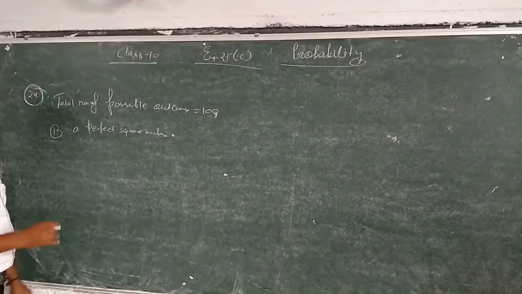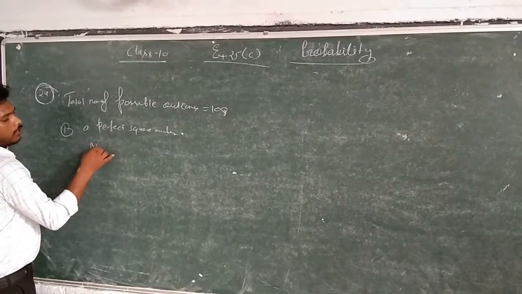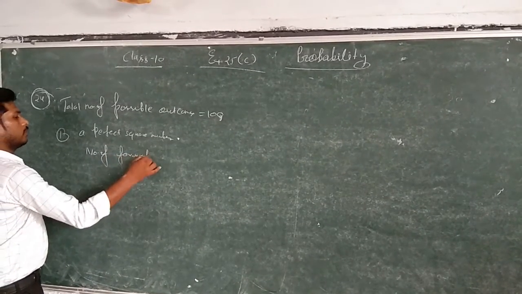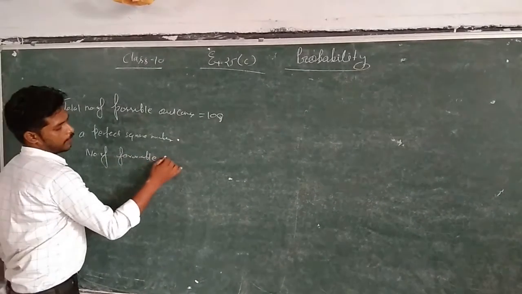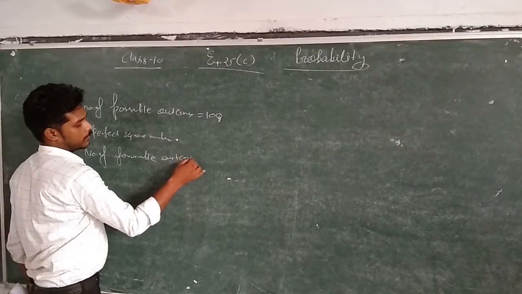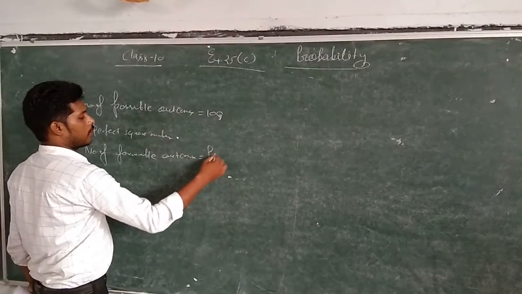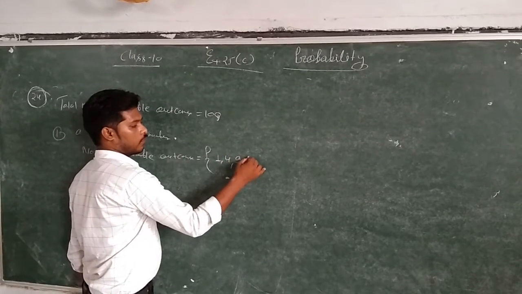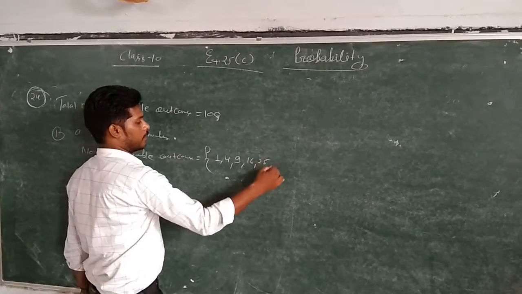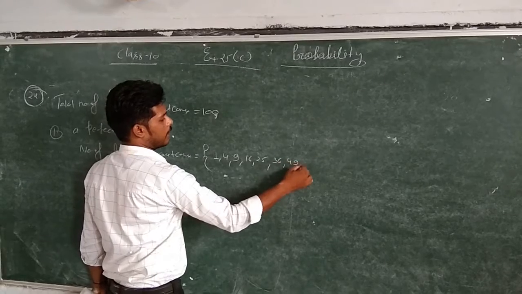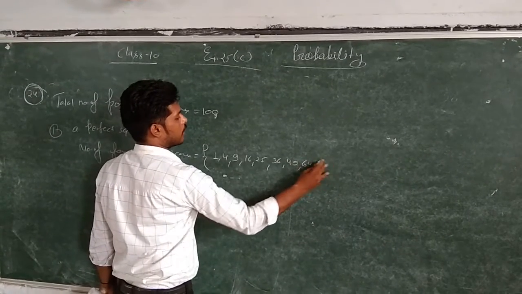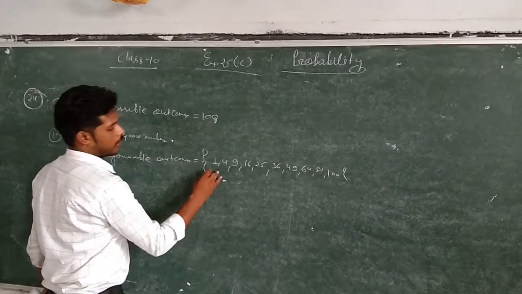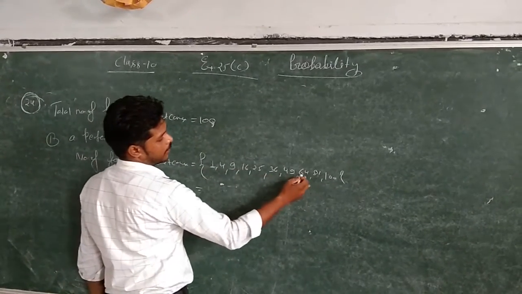Let's find the number of favorable outcomes. First of all, we talk about a perfect square. Number of favorable outcomes is equal to 1 square 1, 2 square 4, 3 square 9, 4 square 16, 5 square 25, 6 square 36, 7 square 49, 8 square 64, 9 square 81, and the final is 10 square 100.